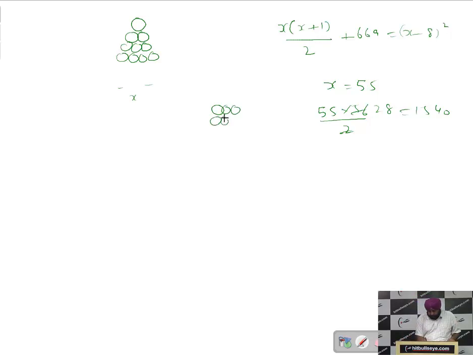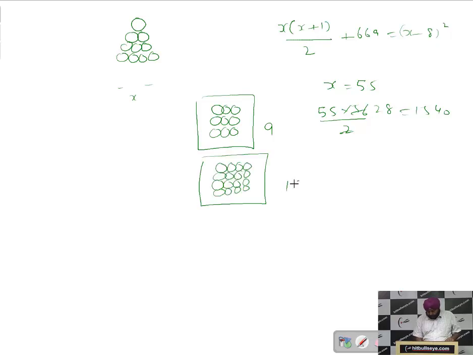Let the marbles be arranged in the shape of a square 3 by 3. So the number of marbles will be 9, 3 into 3 obviously. If they are arranged into a square with each side having 4 marbles, then the number of marbles would have been 4 by 4, that is 16. Obviously, if they are arranged in a 5 by 5 shape, they will be 25, and so on.